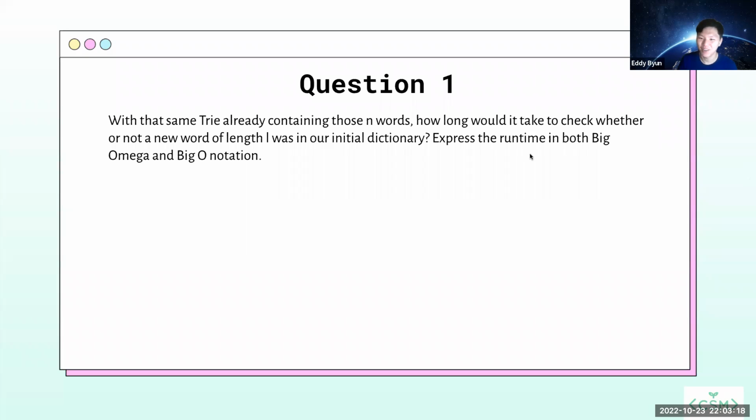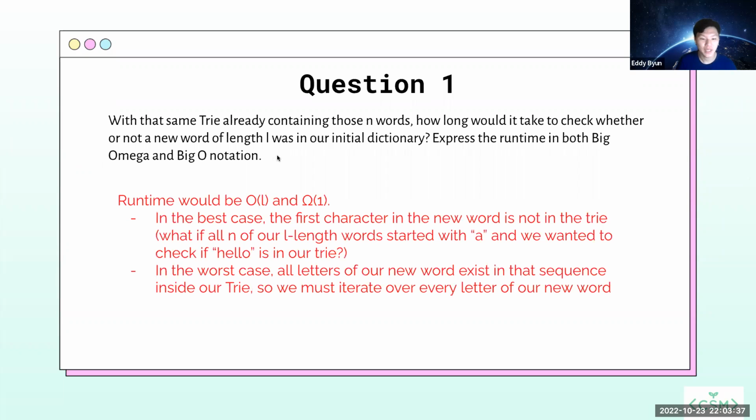And because we're expressing the runtime in both big omega and big O, maybe there's a best case and a worst case scenario, as a hint. And again, I'd recommend pausing this recording, and I will go over the answer in 3, 2, 1. So the runtime would be in big O of L and big omega of 1.